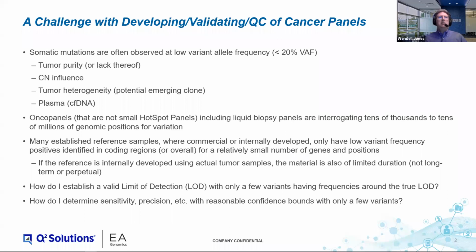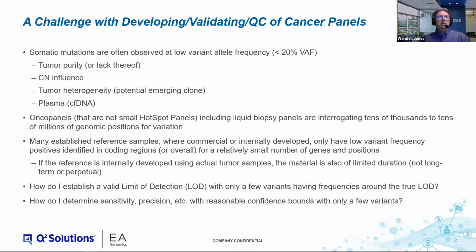The other challenge is that if you do develop a reference sample yourself using actual tumor samples, the material is of limited duration, because through QC or development or further validation, you have to continually use that material. Since each time you use the material, you use it up, at some point you will run out of that material. So it's not long-term or perpetual.